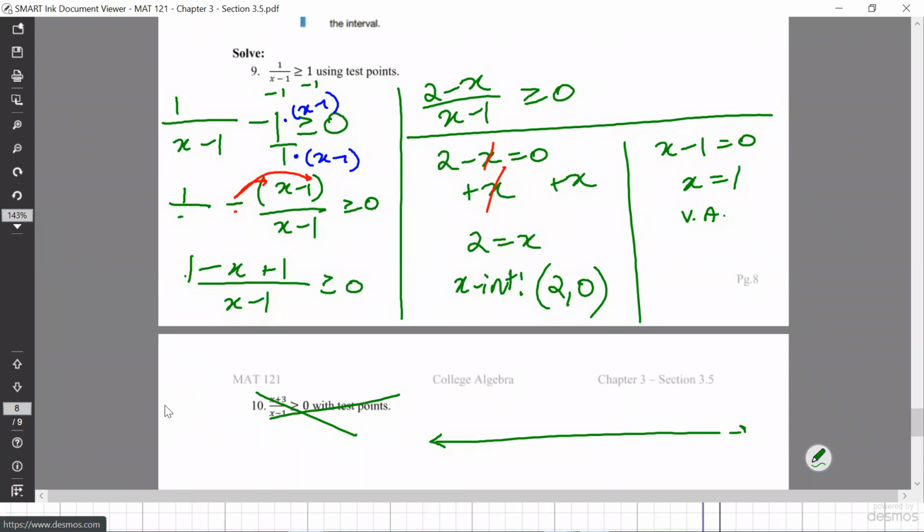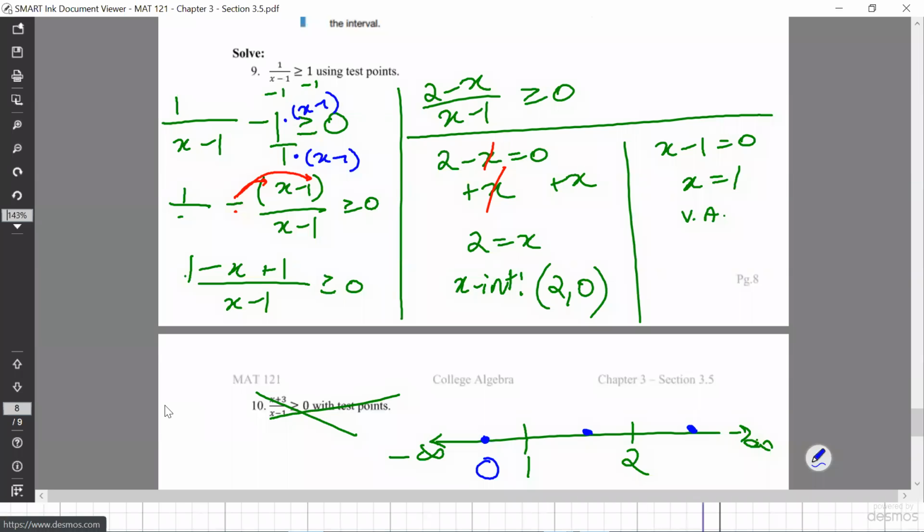Okay, so let's draw our number line, positive infinity, negative infinity. We have 1 and 2. So let's pick our test points. From negative infinity to 1, what can we use as a test point? 0 works. It's got to be something smaller than 1.